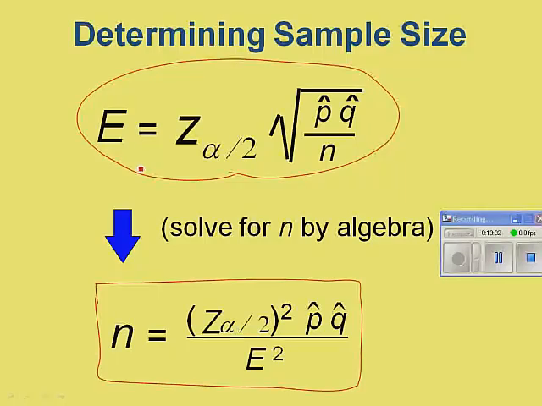If 10% of all adults recognize that name, that's the p-hat. That's going to be 10% for us. And q-hat is going to be 0.9.